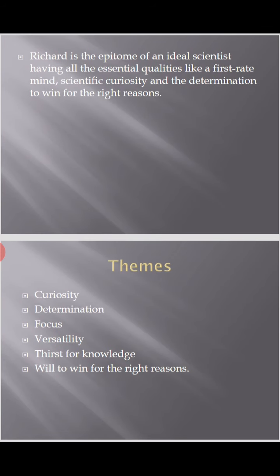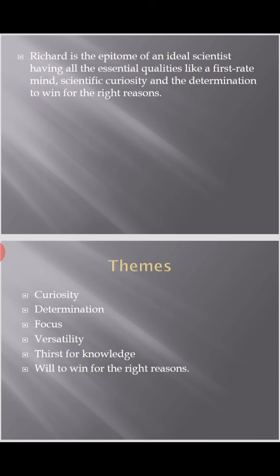And that's why you will see that Richard is the epitome of an ideal scientist, having all the essential qualities like a first rate mind, scientific curiosity, and the determination to win for the right reasons. That is, you should have the will to win, but the will should have the mix of the right intention. Only then you can become a good personality.